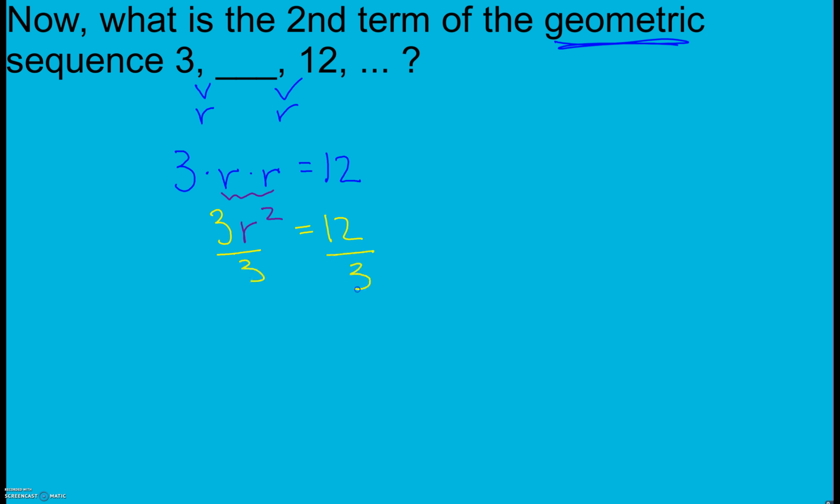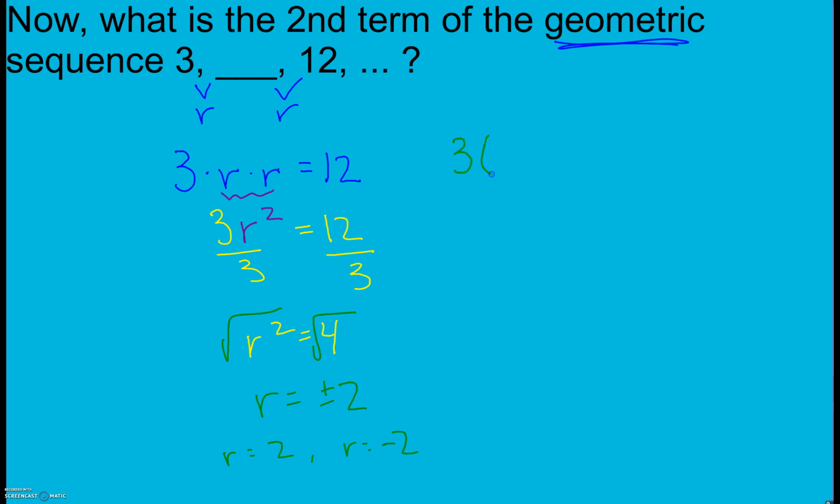Divide by 3, r squared equals 4. Take the square root of both sides, and whenever we take the square root, we get plus or minus 2, which means right now I have 2 options. r could have been 2, or r could have been negative 2. So I have to check both of those, and I'll get 2 different options for my second term.